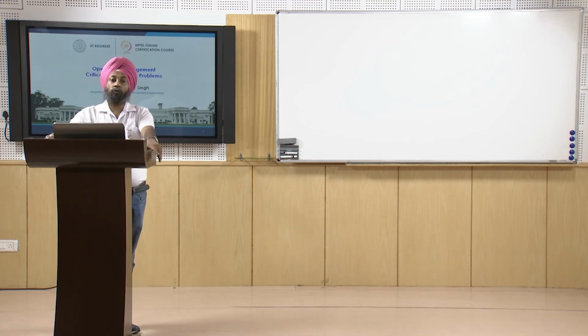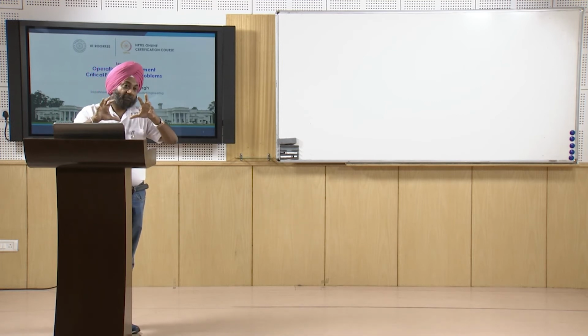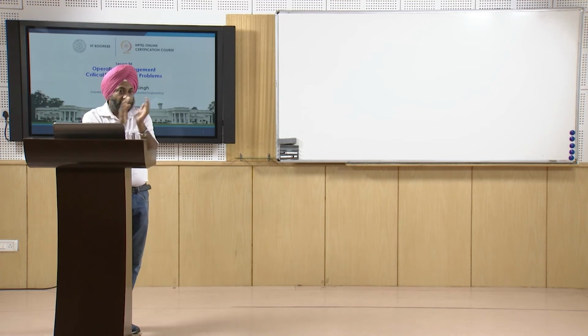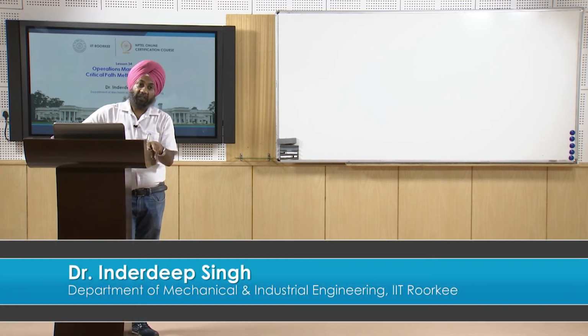Apart from that, we also have to see what are the activities lying on the critical path, and what is the time available with us to focus on the non-critical activities, in which we have a little bit of flexibility available. As I have already told you, we cannot reschedule the critical activities because the overall project duration will get delayed, but we have the flexibility of modifying the time or rescheduling our non-critical activities.